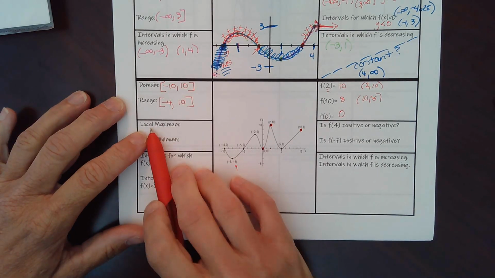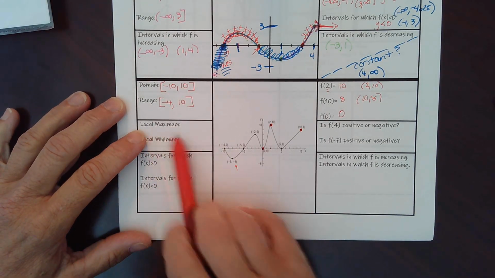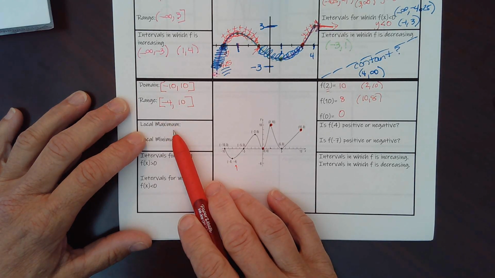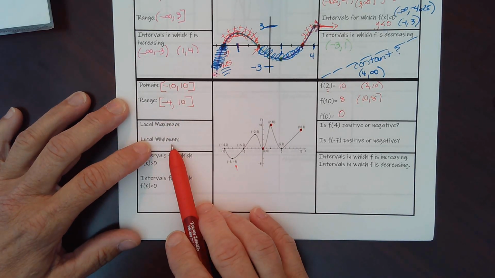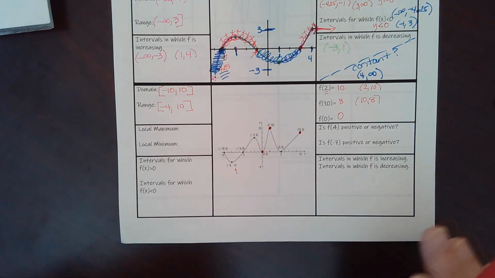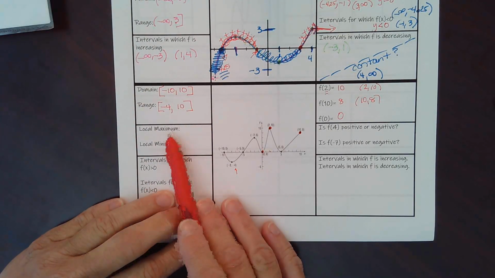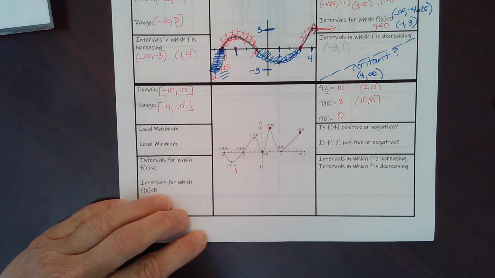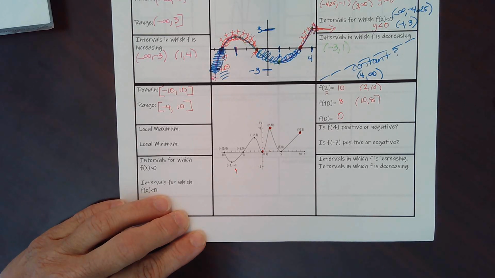So now let's move over and talk about, does this function have a local maximum and a local minimum? And how do you determine those? Well, for a local maximum, identify a point or points, there can be more than one, where the graph changes from increasing to decreasing.